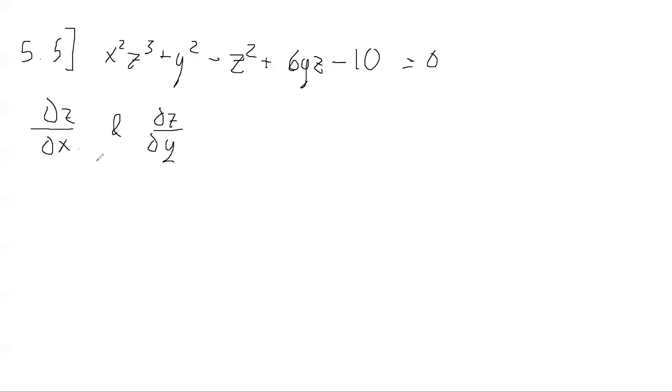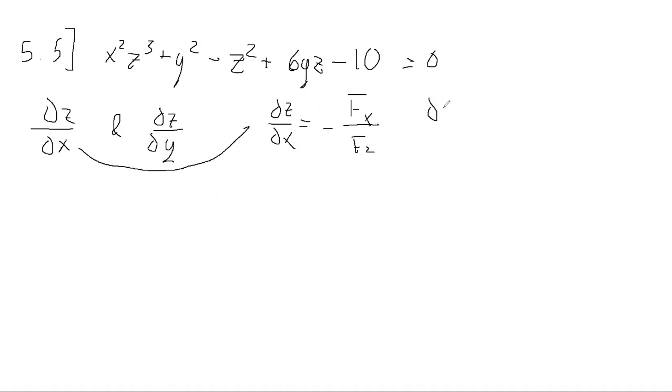Let me write this real quick. Your partial derivative of z with respect to x is equal to, I should have written this earlier, negative f of x over your f of z.